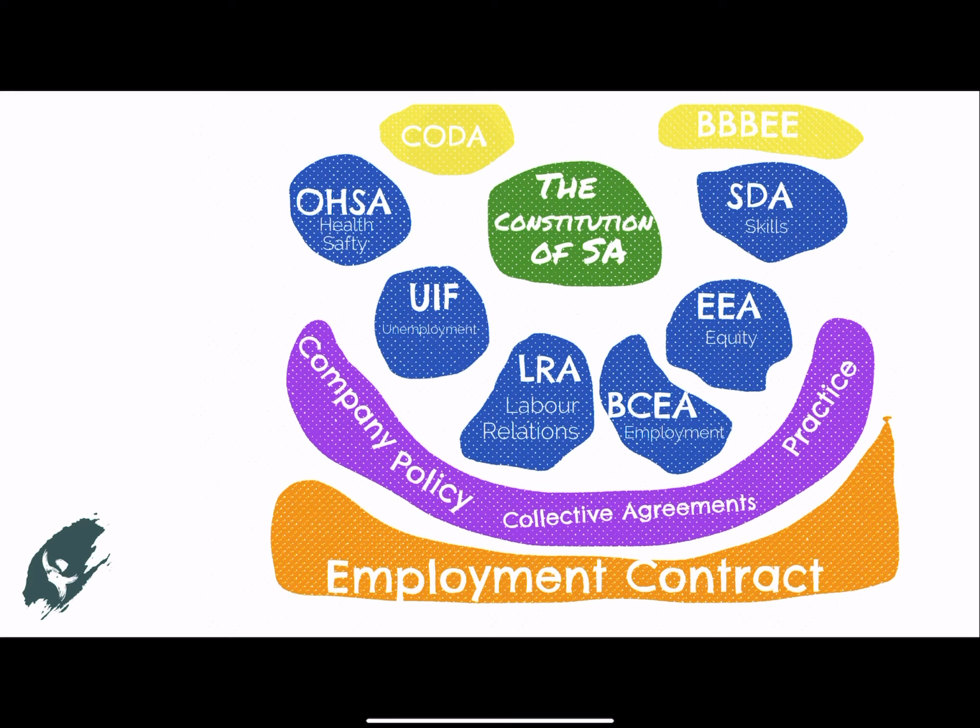Some of the important things that we should remember are that in South Africa we are required to behave in a fair way. That means we need to be fair when we dismiss employees or provide recognition to trade unions or retrench people. There needs to be a policy and there needs to be processes.